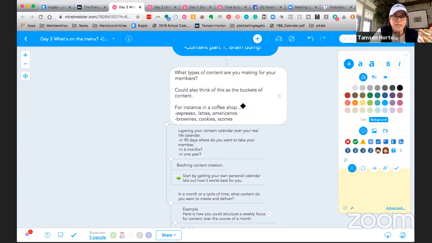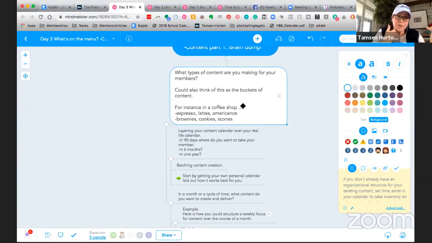So I use this example. I probably was sitting in a coffee shop when I wrote all this stuff. I'm positive I was. But it's like, what's on the menu at Starbucks? What are they deciding to serve and not serve? I can't order deep dish pizza at Starbucks. Not yet. They made that decision. They're not serving deep dish pizza.